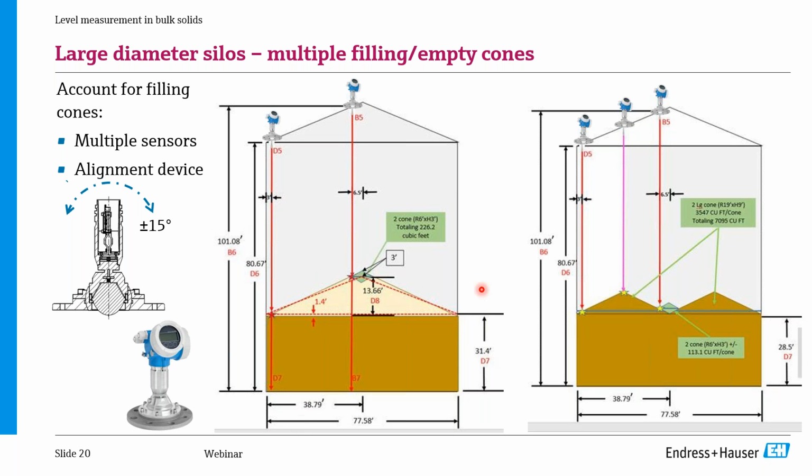Okay. So one alternative we have, if you really want to measure with just one device, is what we call the alignment accessory or alignment device. It allows you to install the radar, for example, a quarter of the way from the tank wall, and you can direct the beam to the center of your silo.